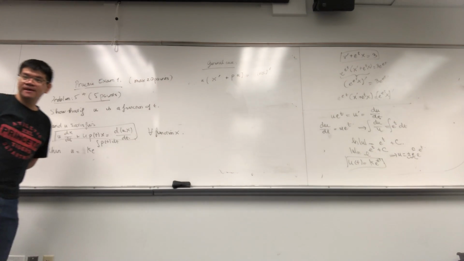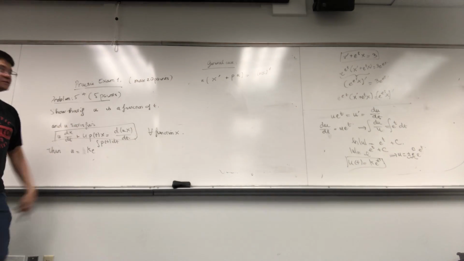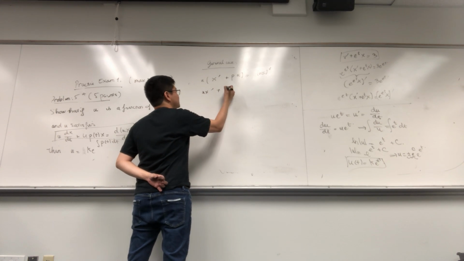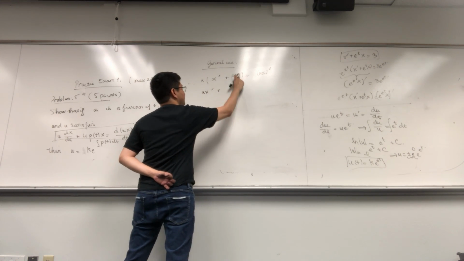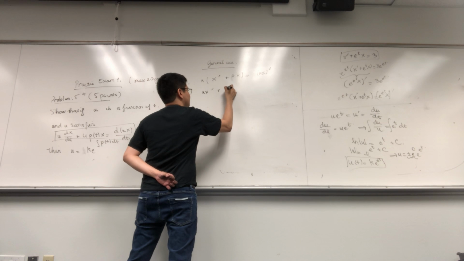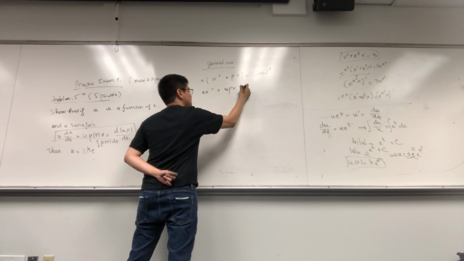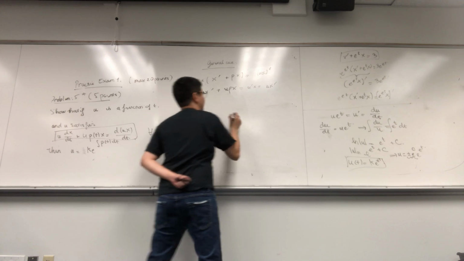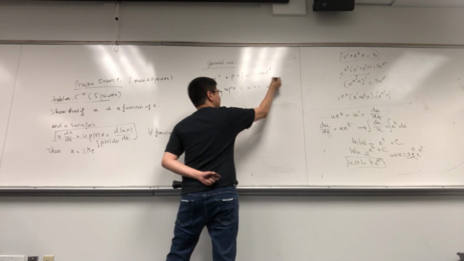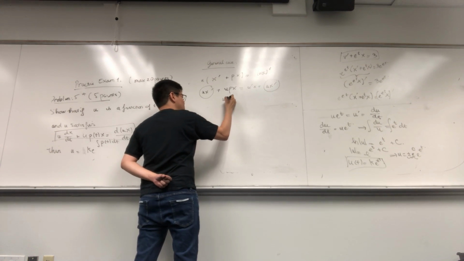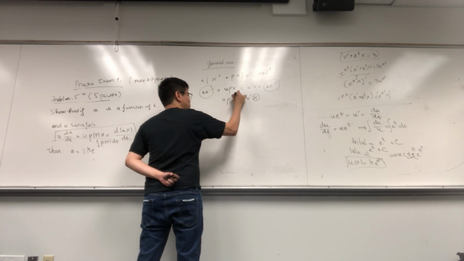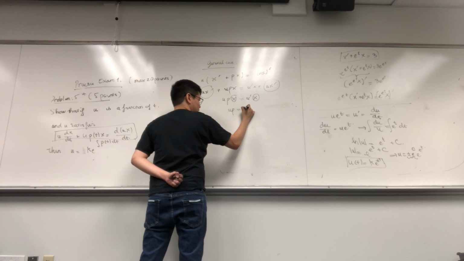All right, and you do the same. So you expand the right hand side, so you have u x prime plus u p x, and u prime x plus u x prime. You remove this guy and this guy, so you have u p x is u prime x. You remove x, so you have u p is u prime.